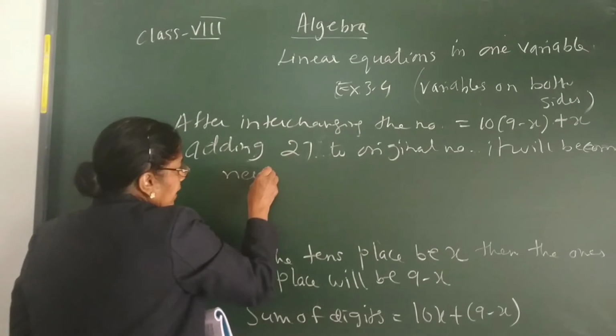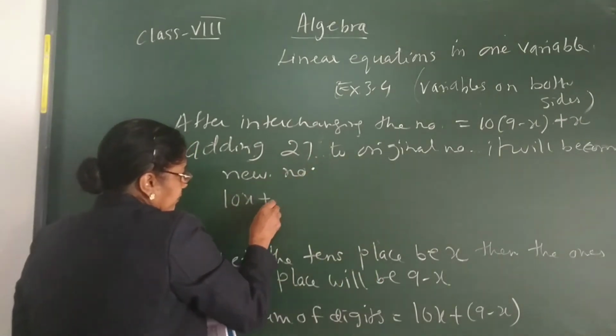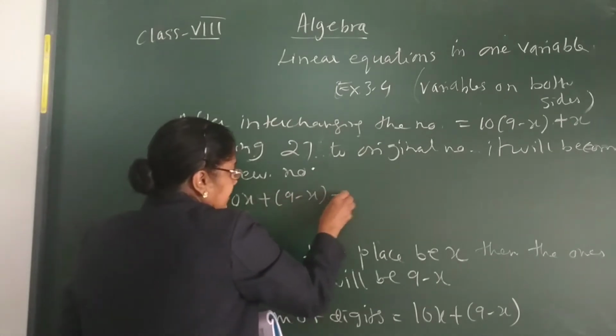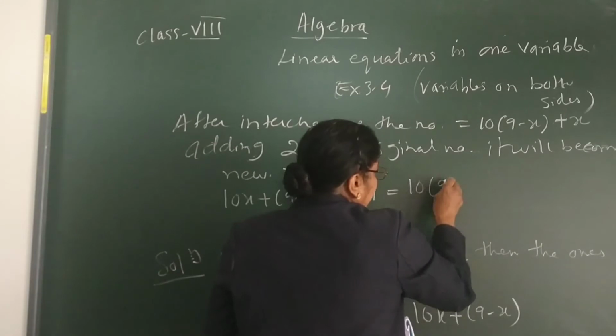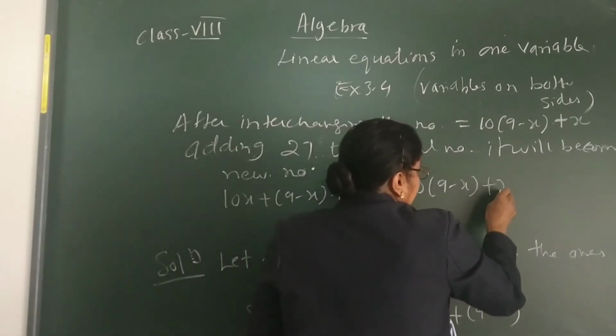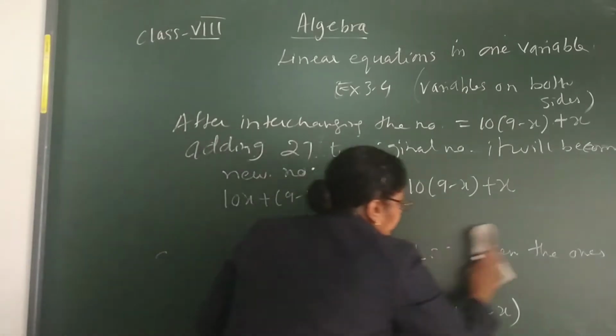So to what you have to add? To the original number. What is the original number? 10x plus 9 minus x plus 27 is equal to 10 into 9 minus x plus x. So this is your equation. So came to know what it is.